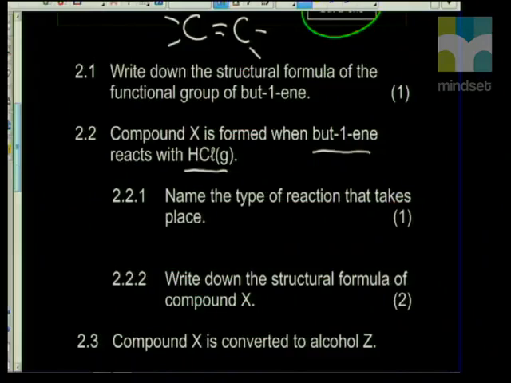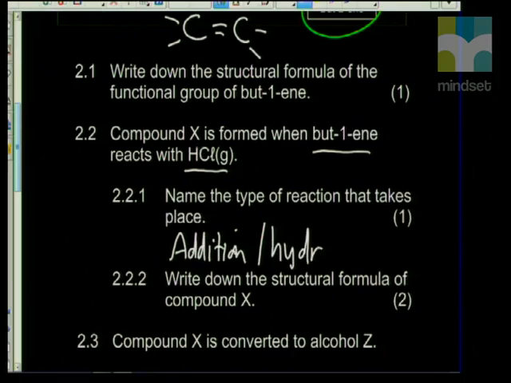So name the type of reaction. The first thing that we need to do is to name the type of reaction. We're going to do that. It is an addition reaction because it's breaking the double bond, and we could even say hydrohalogenation because we are going to add to the original substance a hydrogen and a chlorine.